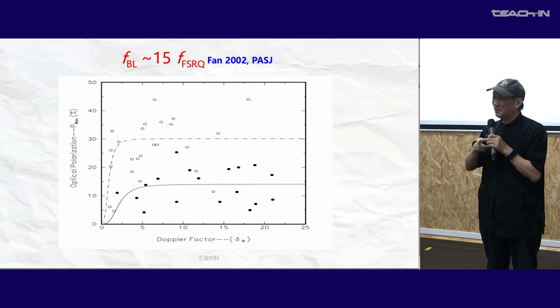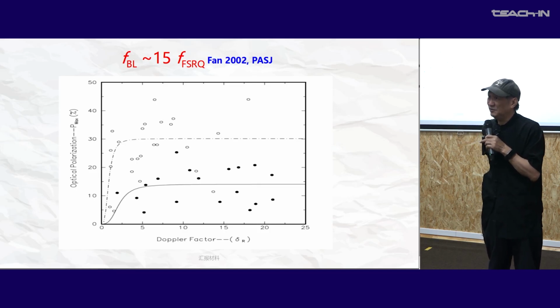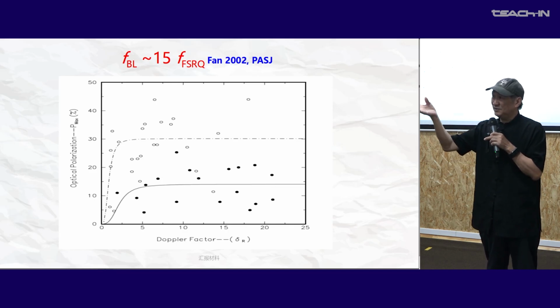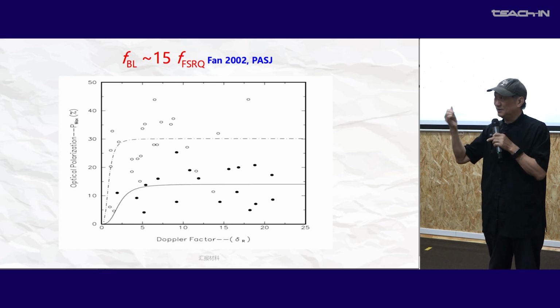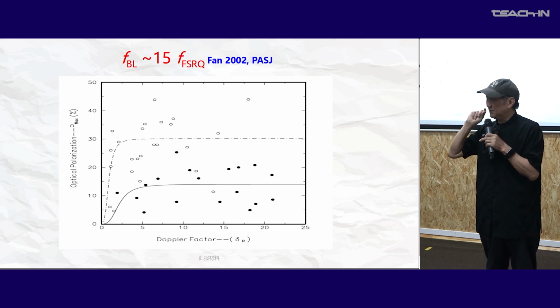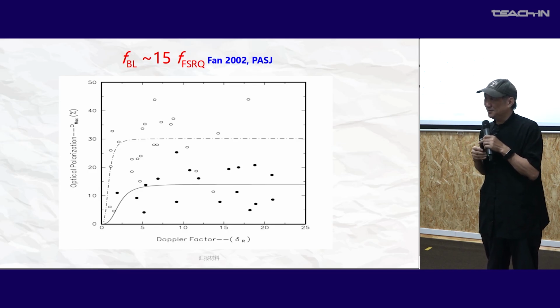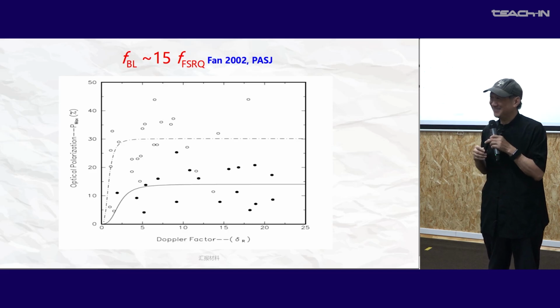I think we can now get the very early sources, and now we can discuss the differences from the ancient early times, from the higher redshift to the near redshift. So I think now is the time for us to discuss.